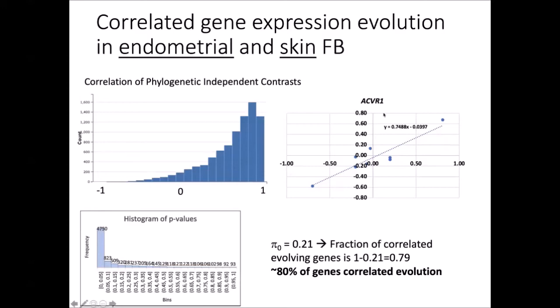Here is one extreme, nice example, activin receptor 1. And if you use Hochberg statistical techniques, you can estimate that about 80% of genes have correlated evolution, of the 8,000 or so genes that have one-to-one orthologs in our species sample.